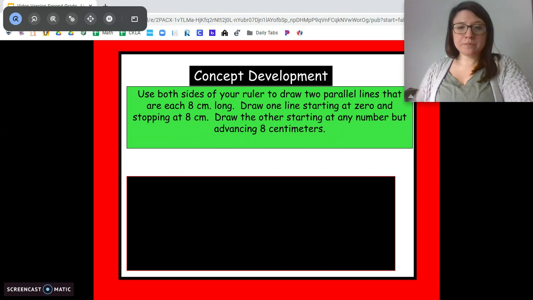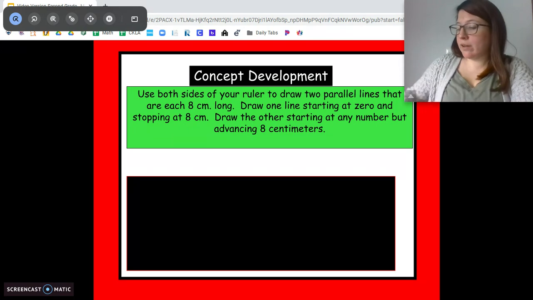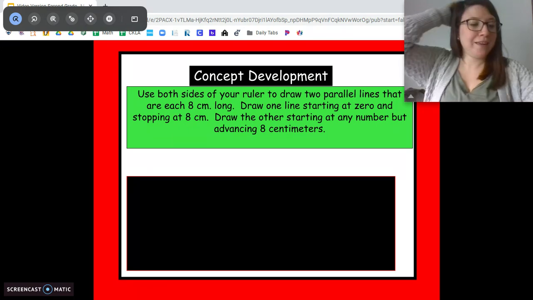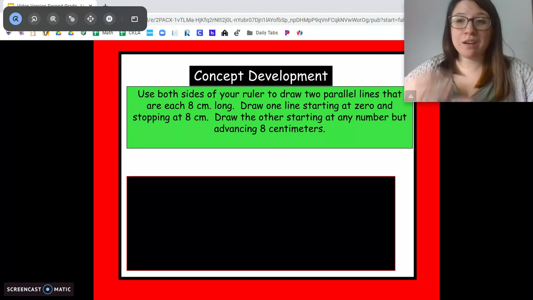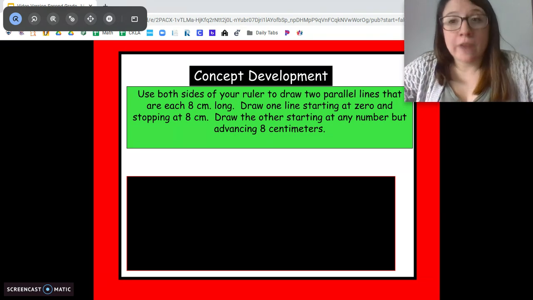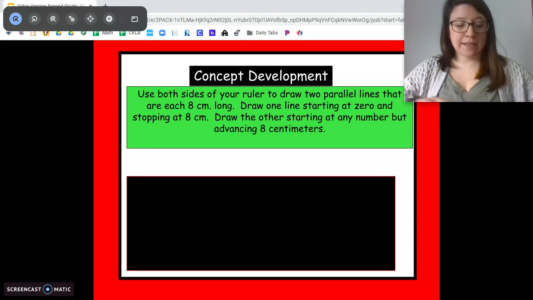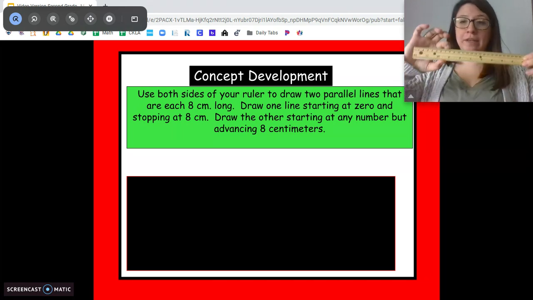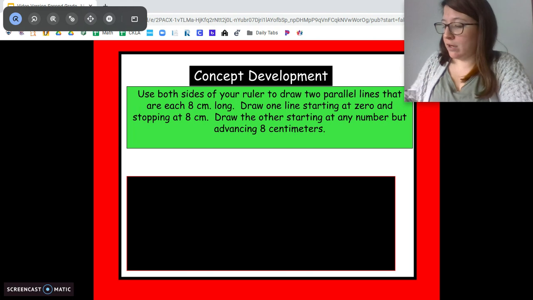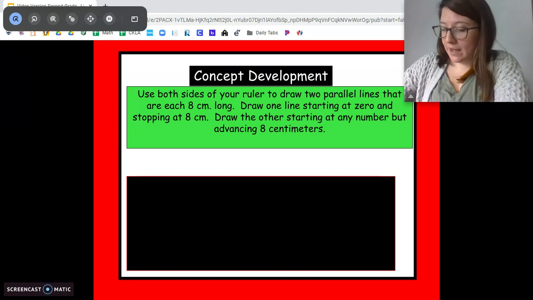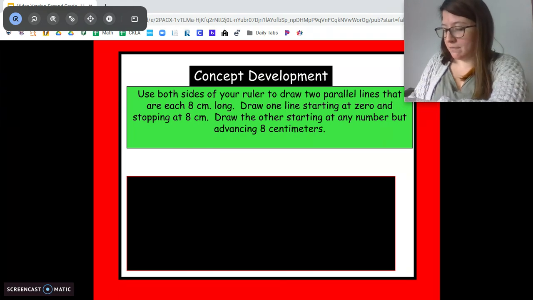Right? So if you have a ruler, do this with your ruler. If not, don't worry about it. Try this. Ready? Draw 2 parallel lines that are each 8 centimeters long. So I'm going to take my ruler and draw 8 centimeters long.